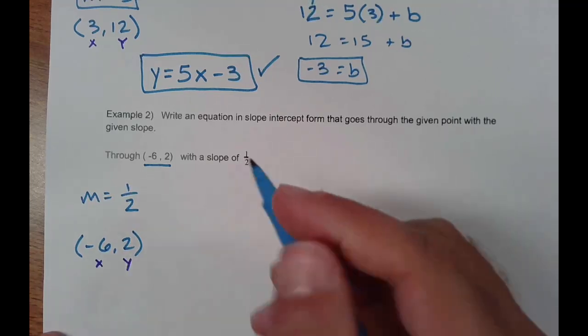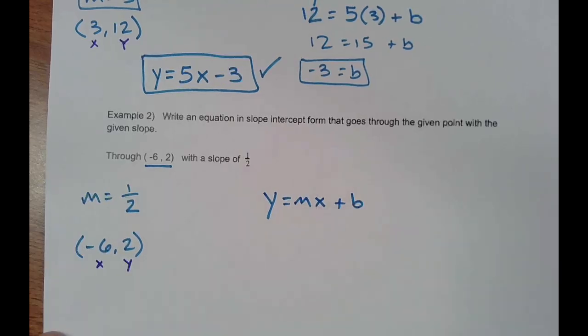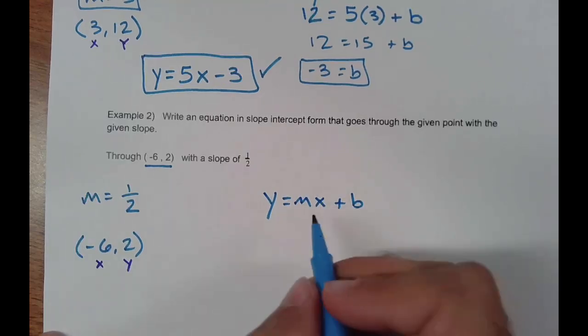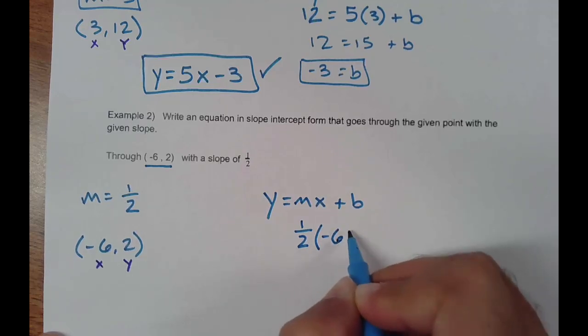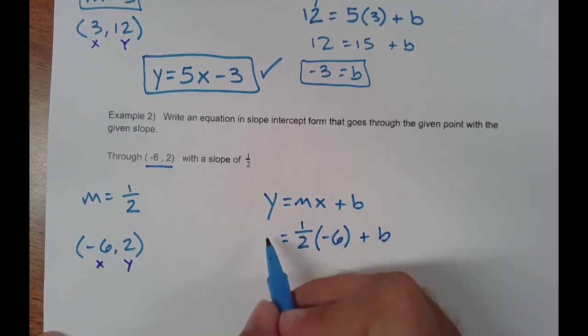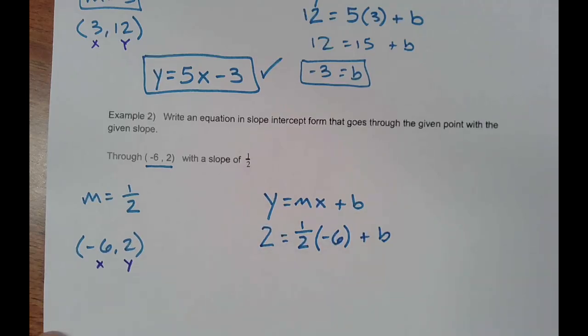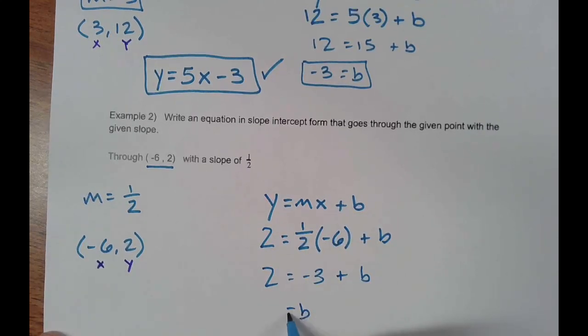Starting with my general form, y equals mx plus b, I substitute in m, I substitute in x, I leave b alone, and I substitute in y. Then I solve for b because I have one variable left. 2 equals negative 3 plus b. b equals 5.